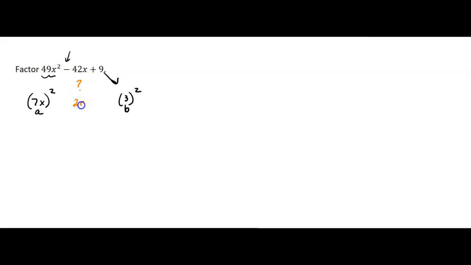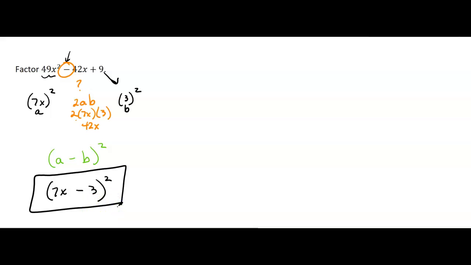It's got to be 2 times A times B. 2 times 7x times 3. Well, 2 times 3 is 6. 6 times 7 is 42x. Yeah. Where does that minus sign come in? Well, it's going to be (A minus B) squared this time. And so the answer is going to be (7x minus 3) squared, like that.